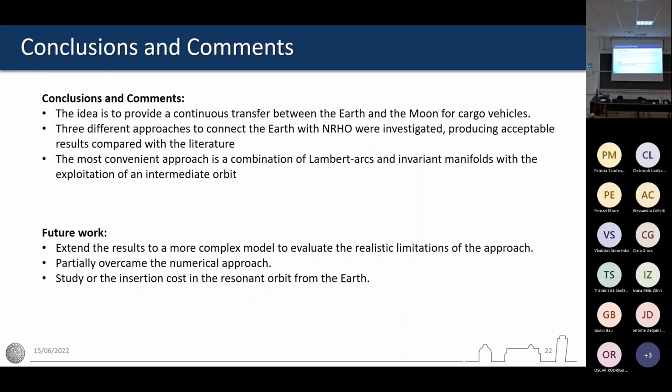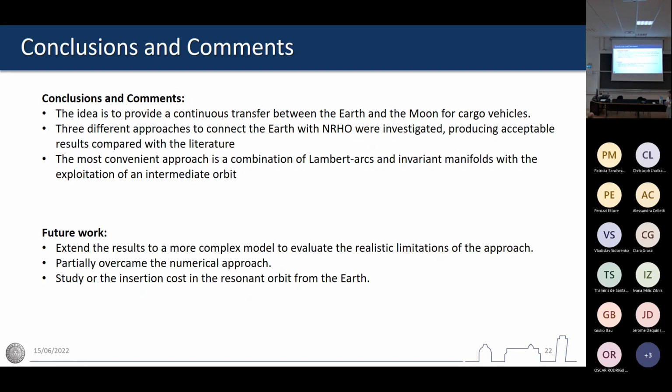So the idea was to propose a preliminary study, because the restricted three-body problem is just the beginning, then we have to step to validation of the results, to continuously commute in the future between the Earth and the Moon.